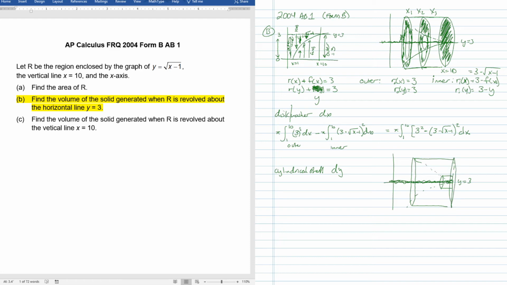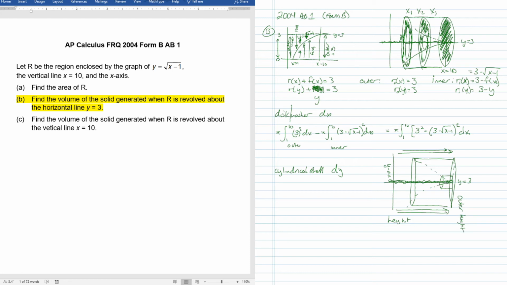So, what I realize is that I'm going to look at my cylinders as height. Personally, I always look at height emanating away from the axis, not y equals 3, but from, in this case, the y-axis. Which means, if I do that, this is going to be my outer height.